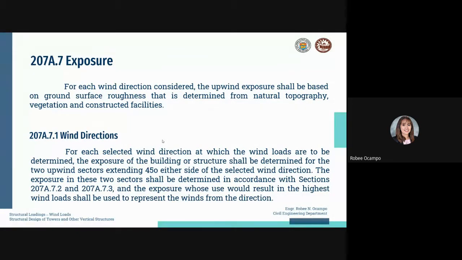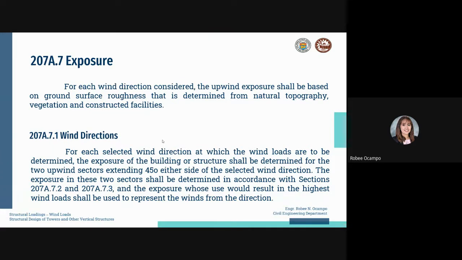Okay? Now, let's go on to the exposure. Pag sinabi natin exposure, ano yung nakapaligid doon sa structure ng ating building. Okay? Now, for each wind direction considered, the upwind exposure shall be based on the ground surface roughness that is determined from the natural topography, the vegetation, and constructed facilities.